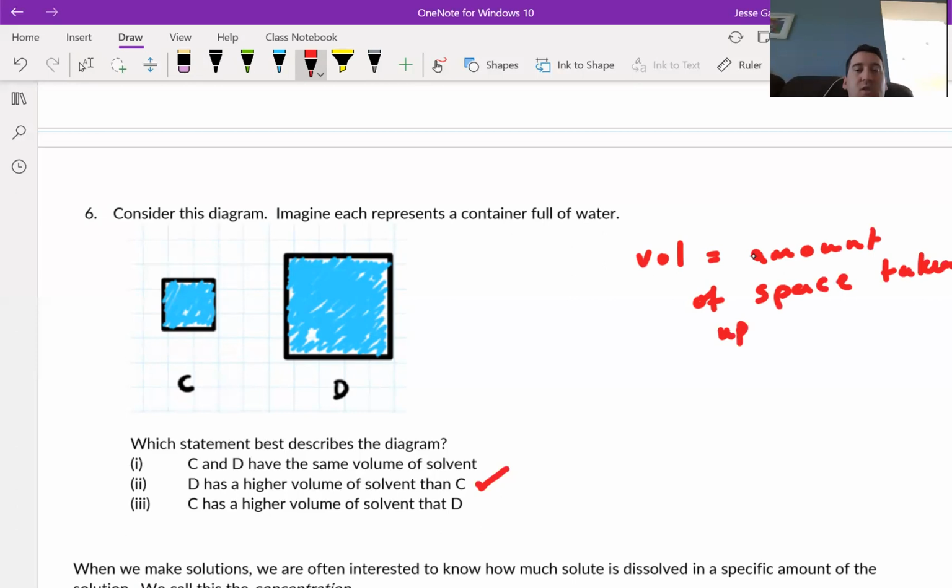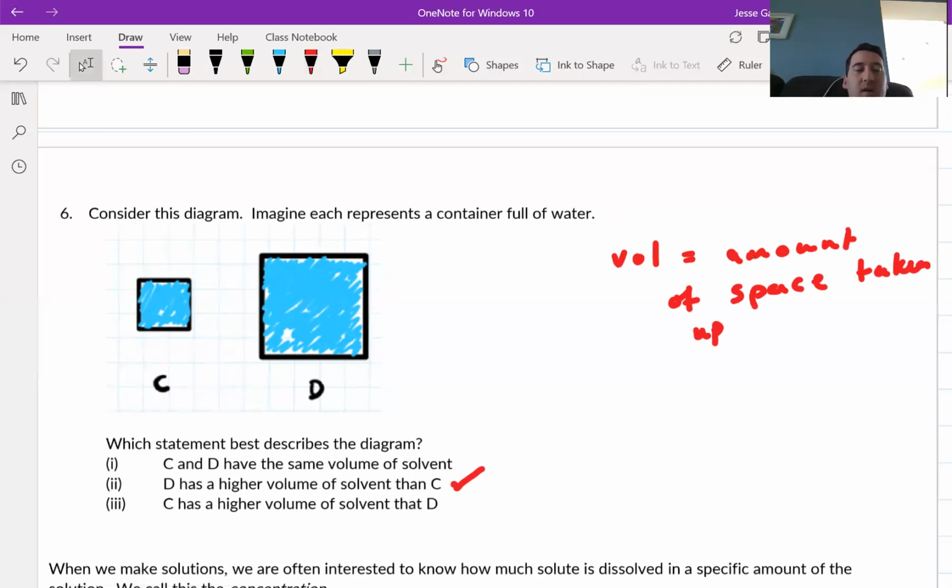So how much space does the mixture, or the liquid, take up? And in this case, it's taken up the full box of C, the full box of D. So if it's taken up the full box of D, and D is a much bigger box, then the volume has to be higher. All right.